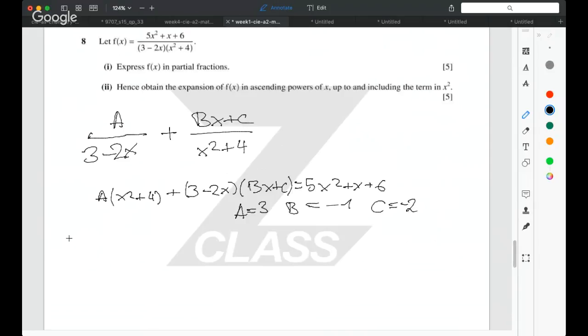So the second part, you have 3 over 2x -1 plus minus x minus 2 over x squared plus 4.